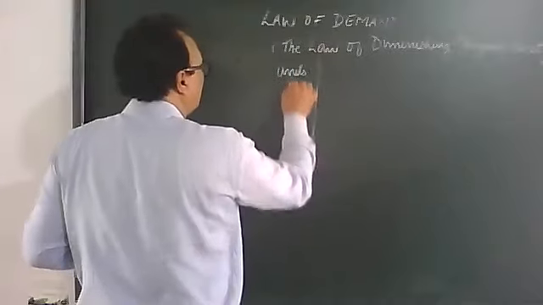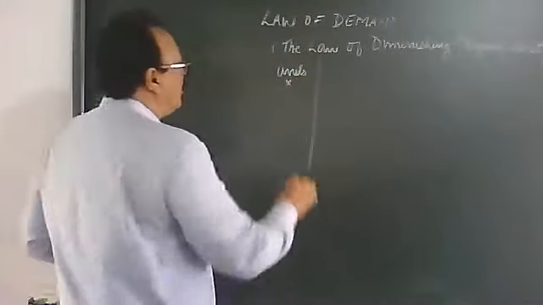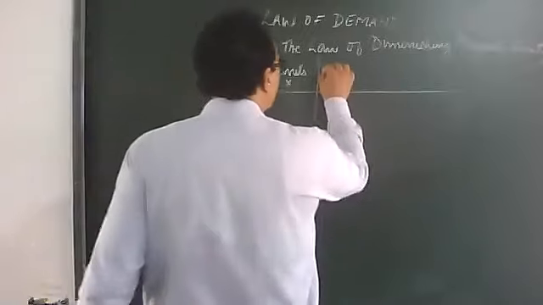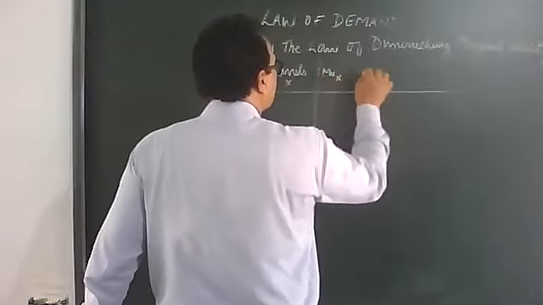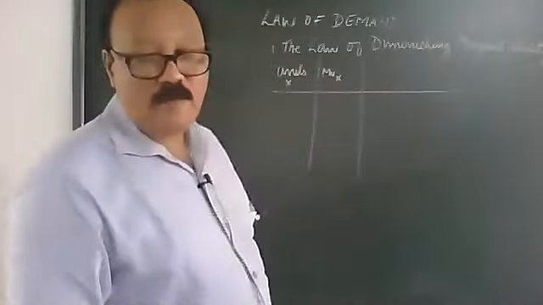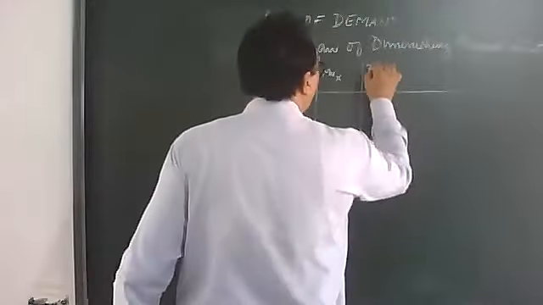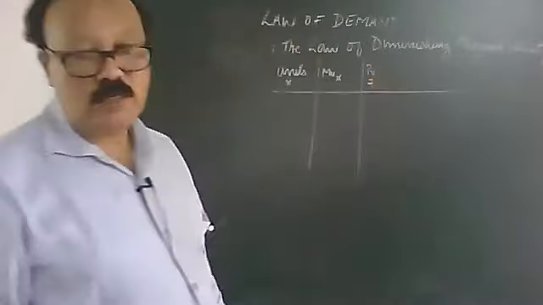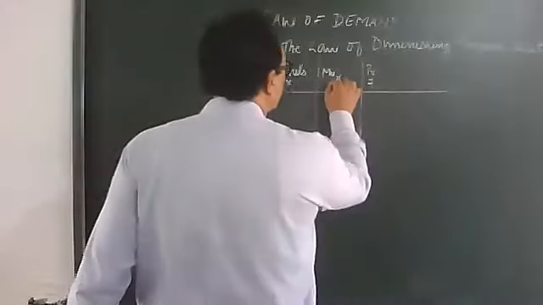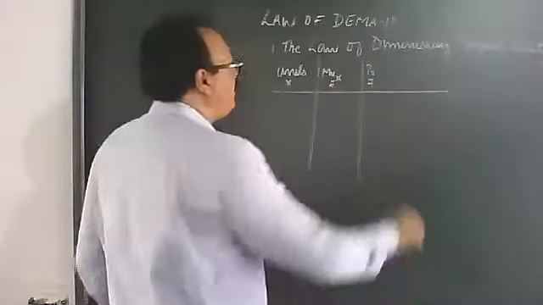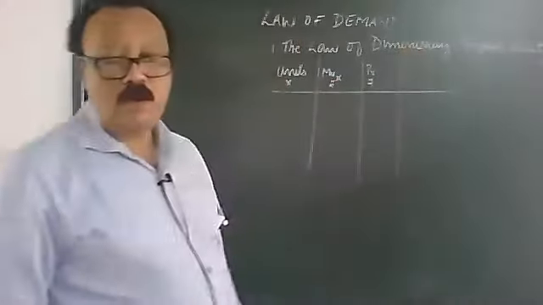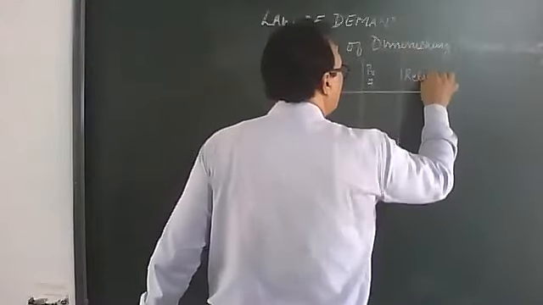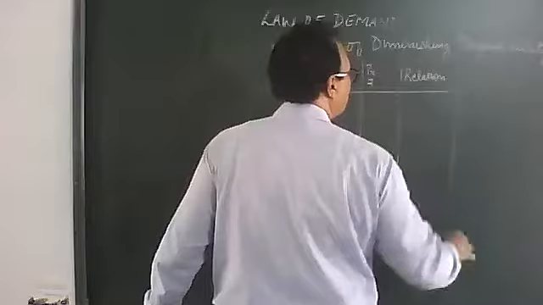There's a schedule through which I will explain. We have units, then the marginal utility of X, then the price of X. This is given in rupees. The marginal utility is also given in rupees. And then we have the relation, and what happens to demand?